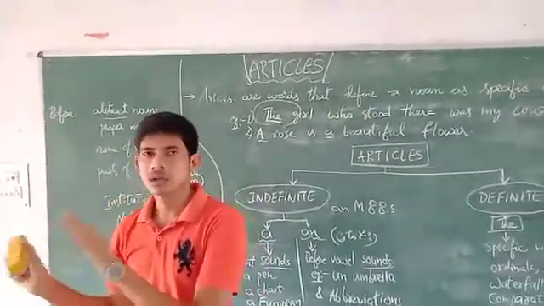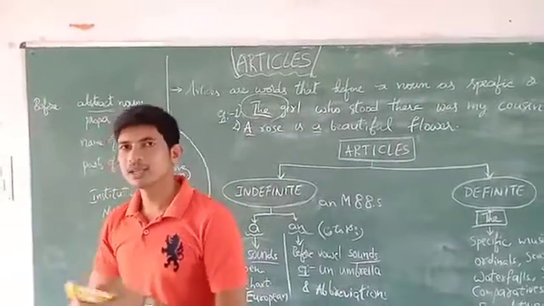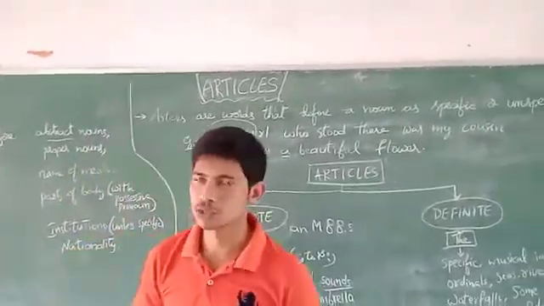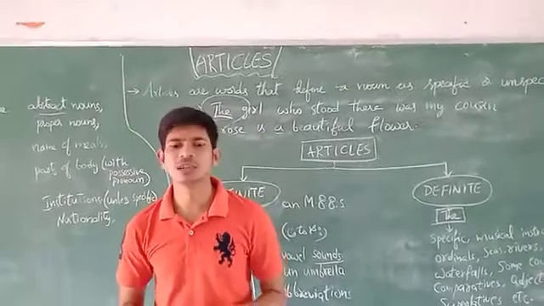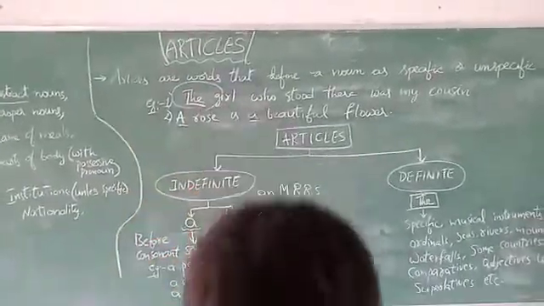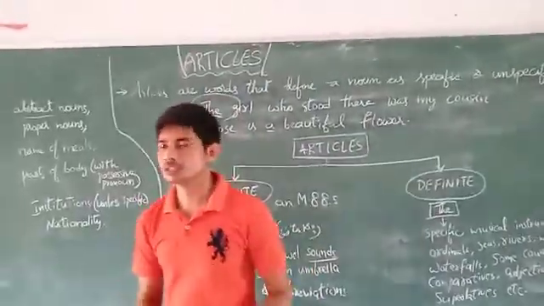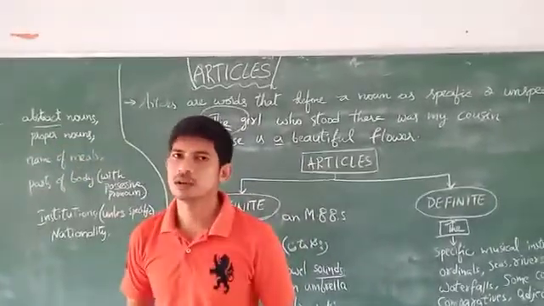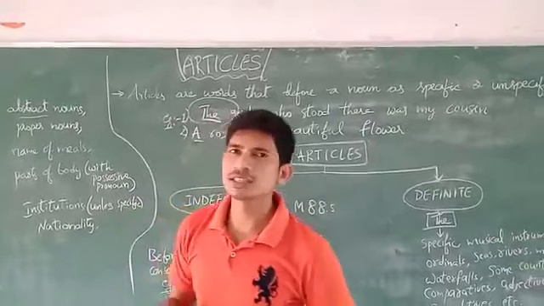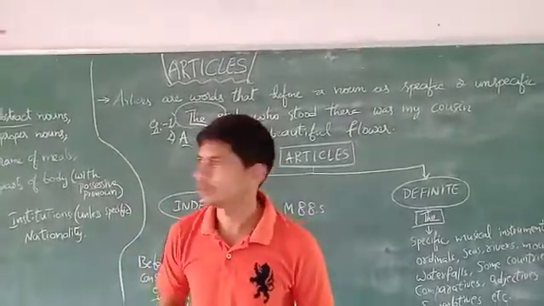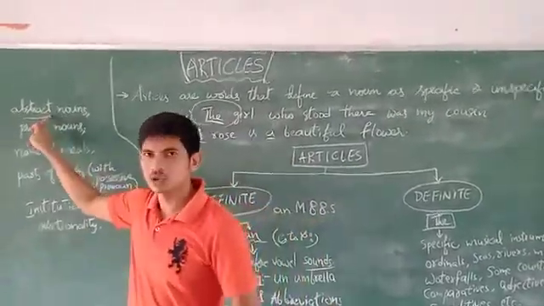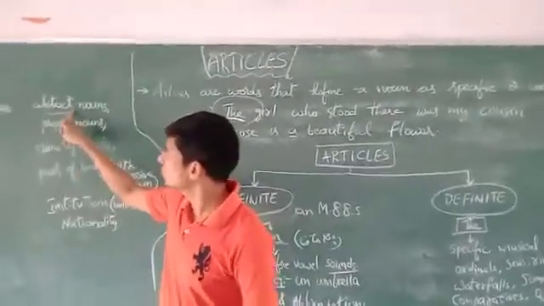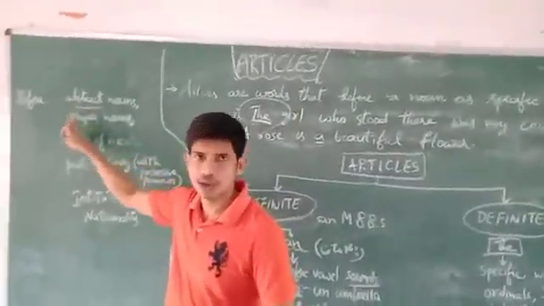All the nouns which have some proof directly visible are known as concrete nouns. But some things can't be shown, but they have some feelings. So those are abstract. For example, friendship, hate, all these things can be felt but not shown directly. So they are known as abstract nouns. So before abstract nouns, you should not use articles.